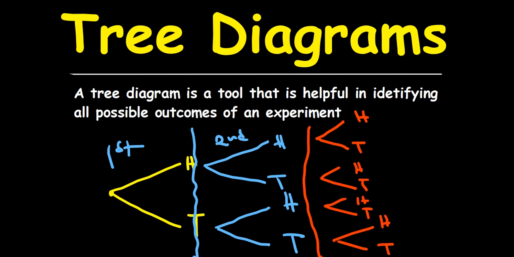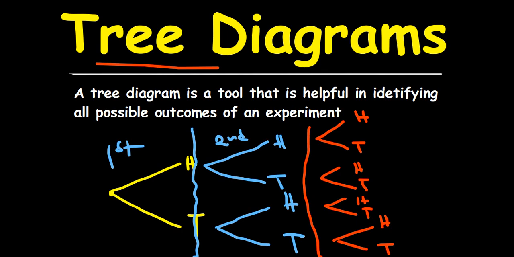Head or even tail. So this tree diagram, we see that it's very important when you have a number of experiments that you are doing consecutively like that. It's a very important tool that will help us determine all the outcomes of a what?